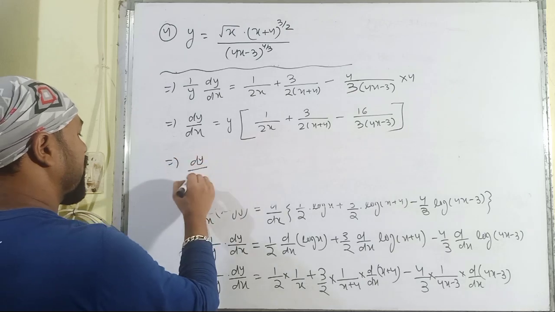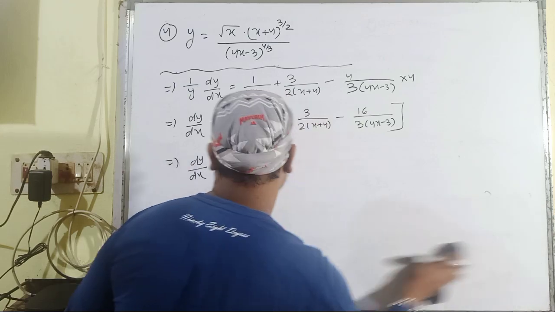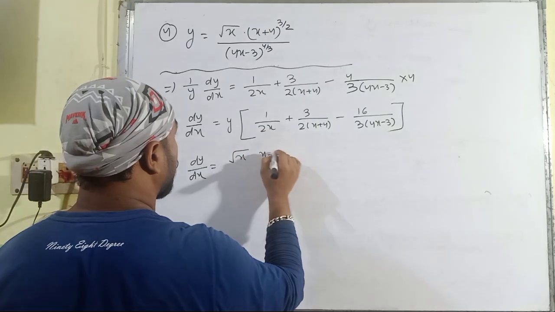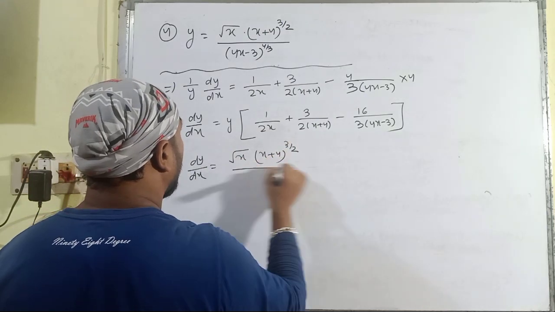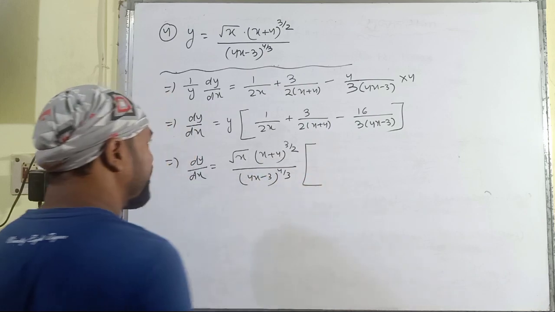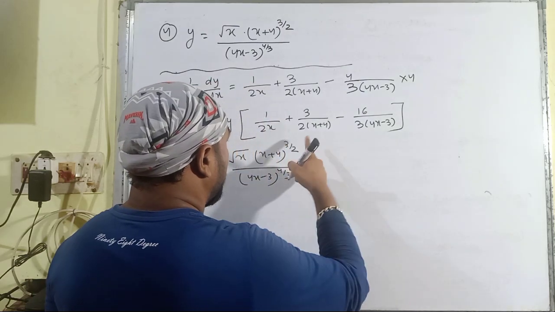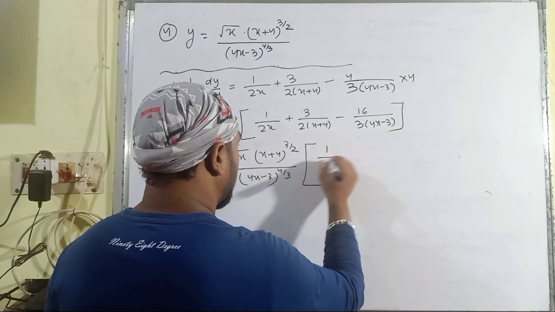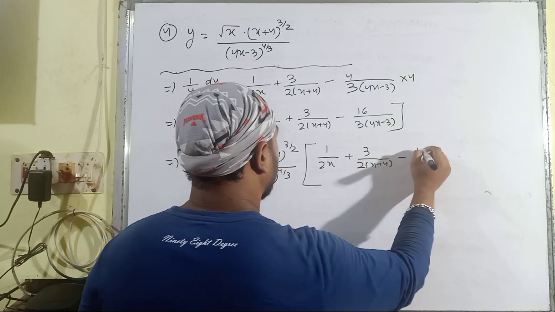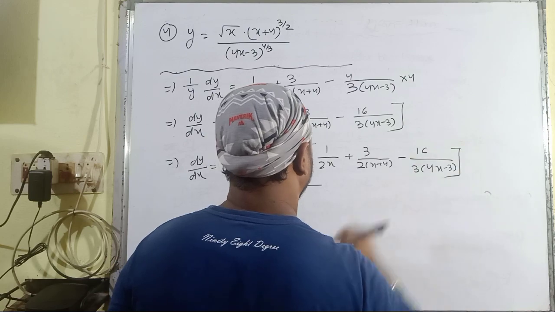Then it is the differentiation of y with respect to x. We just have to put the value of y here: root x multiplied with (x+4) to the power 3/2, whole divided by (4x−3) to the power 4/3, and it is multiplied with the unchanged term here, that is just derived from the derivative of the function on the right hand side: 1/(2x) + 3/(2(x+4)) − 16/(3(4x−3)).